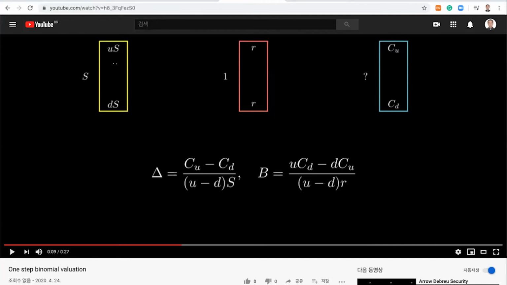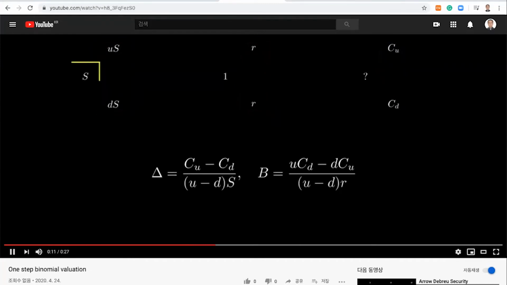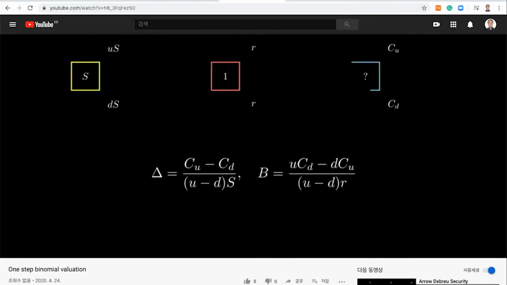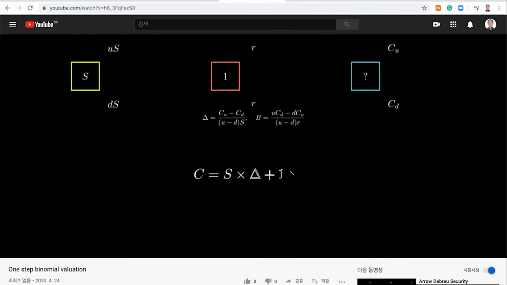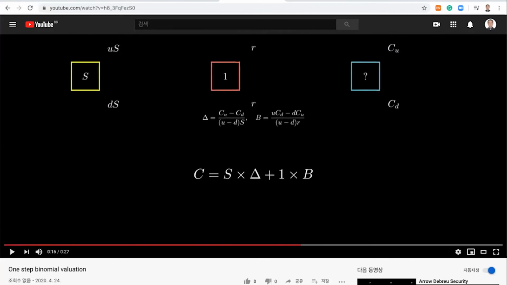And by adding these two numbers, we can get the third number. And this is exactly the same. So this question mark is C.